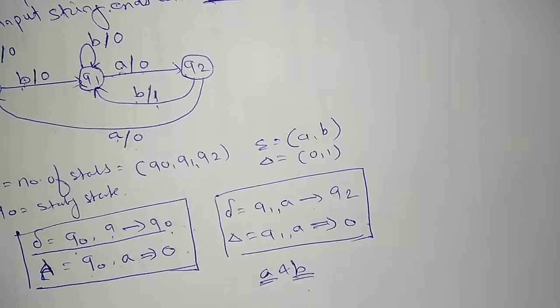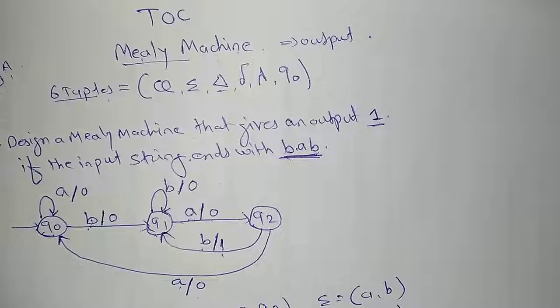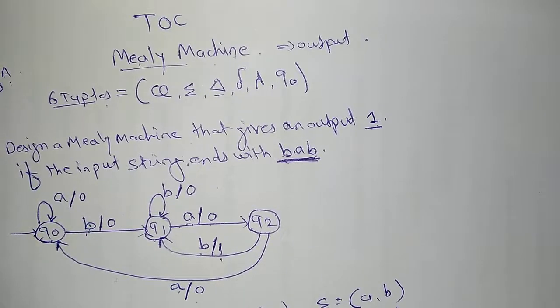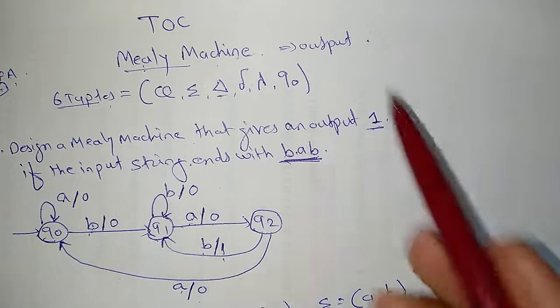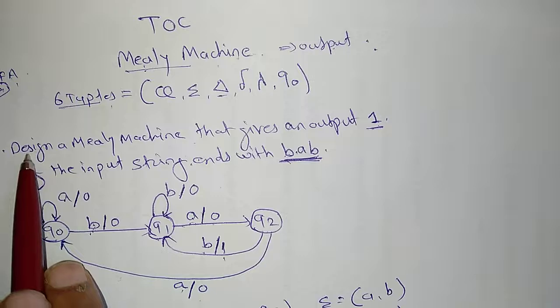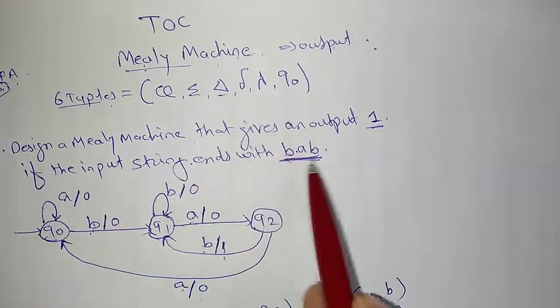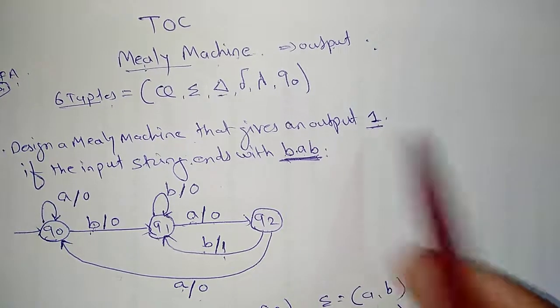So with the Mealy machine example, we can have it clear. We'll take a quick review. What is Mealy machine? In Mealy machine, the output is associated with the machine. Something like DFA, we have to draw BAB, but we have to check that whenever BAB is there, it must be accepted with 1.